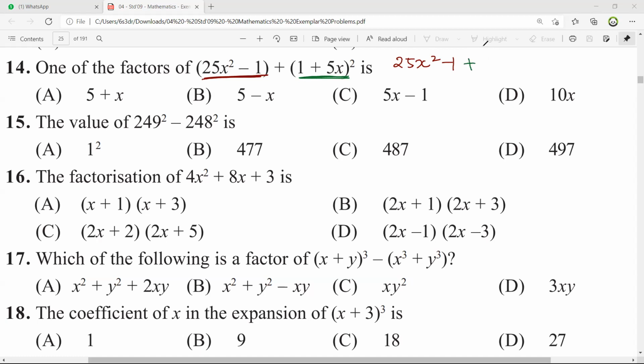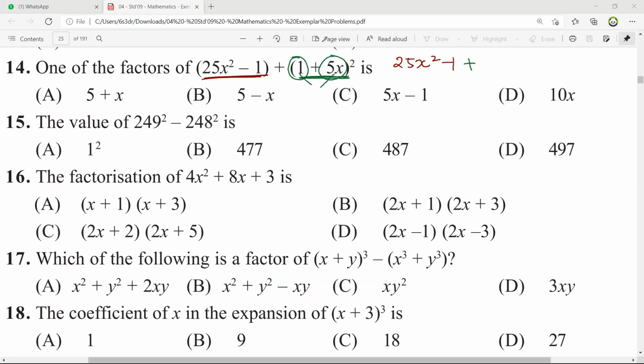Does anyone remember? A plus B whole squared. Yes? Ma'am, a square plus b square plus 2ab. Yes. So then we have 1 squared plus 5x whole squared plus 2 times this into this.